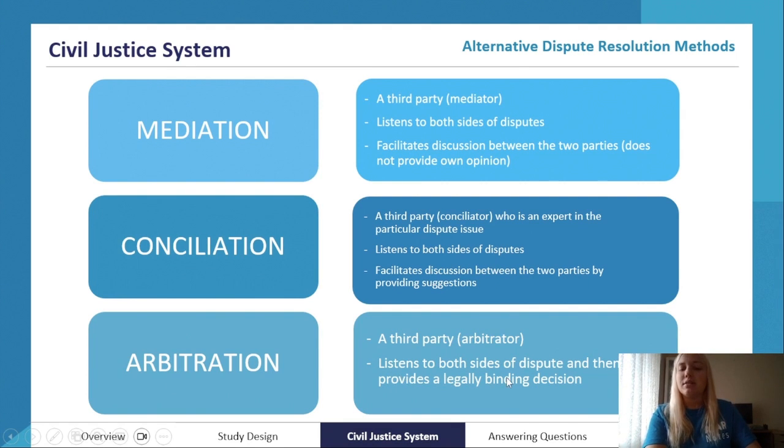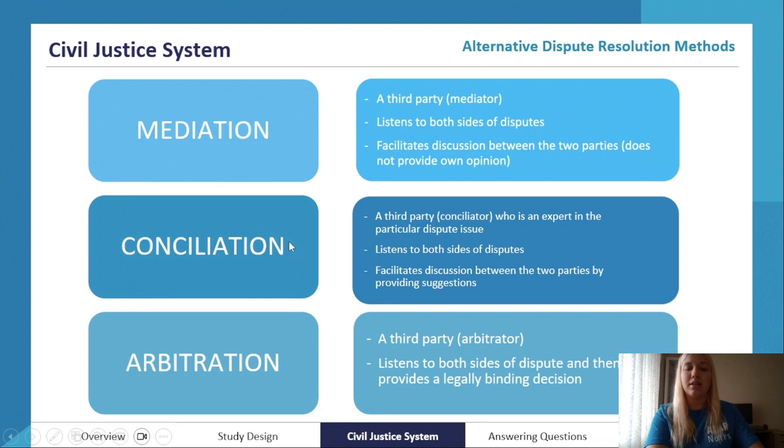The arbitrator listens to both sides of the dispute. So, parties have to, just like in a civil trial, present evidence and argue for their side. And then the arbitrator will provide a legally binding decision, meaning that if they say the defendant is liable, you have to pay this many damages, that is legally binding. That is the final decision.